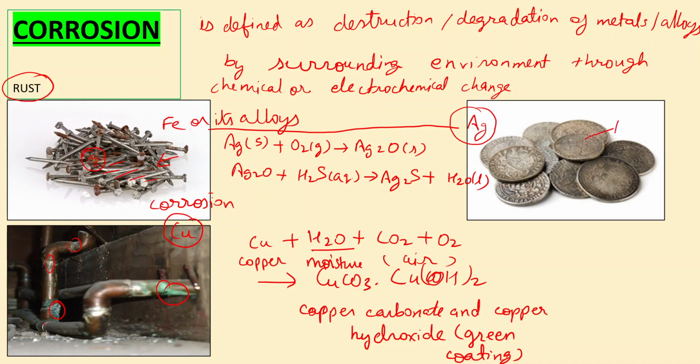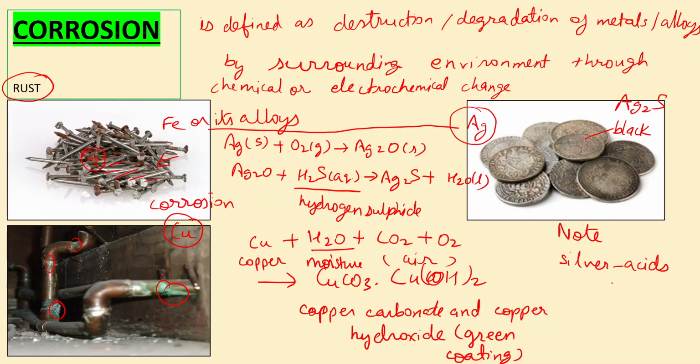This is silver, you can see a black coating. This is silver sulfide. So silver is normally not affected by water and air, but it is basically affected by acids like hydrogen sulfide, right? So you can make a note here. Silver is affected basically by acids, not by moisture. So this was about corrosion.